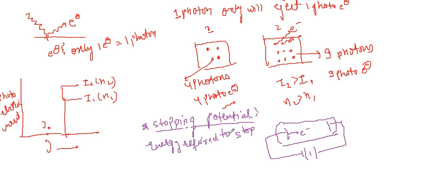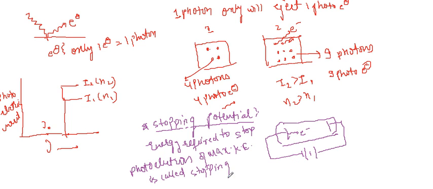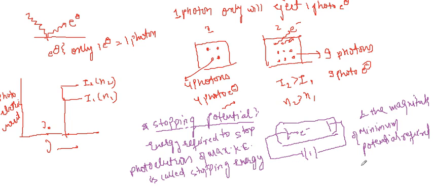And the magnitude of the minimum potential required to stop a photoelectron of maximum kinetic energy is called stopping potential.